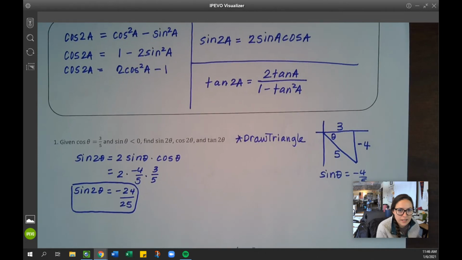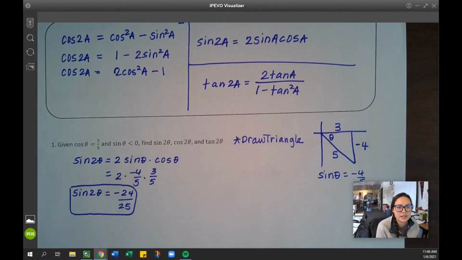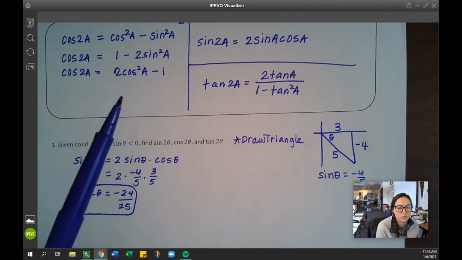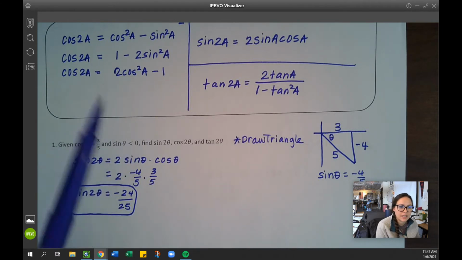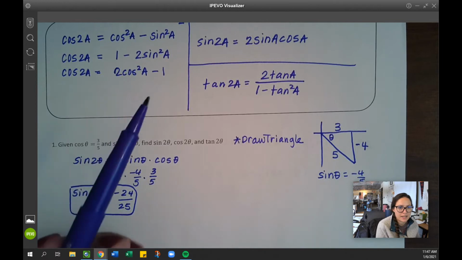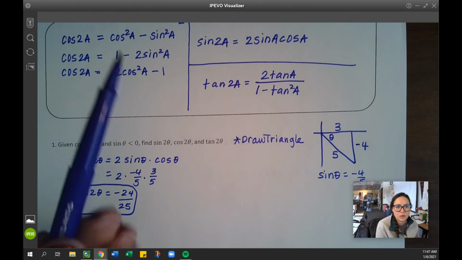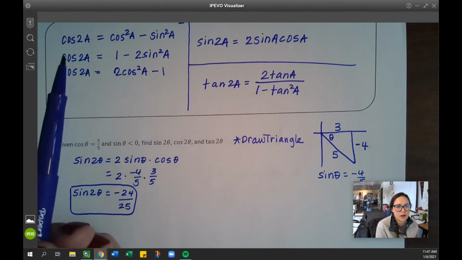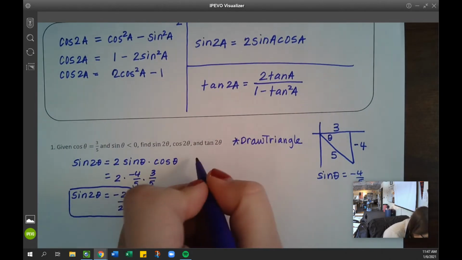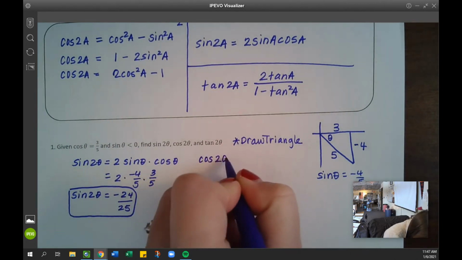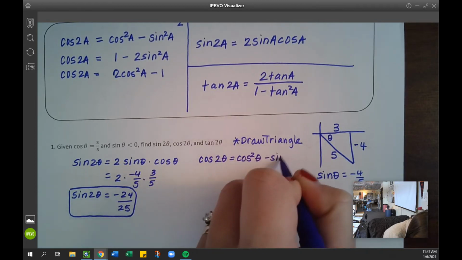All right, let's try cosine 2 theta. We have lots of ways of figuring out what cosine 2 theta is. They will all get you to the same answer. It really doesn't matter. And especially since we already now know both cosine and sine, we can choose whichever one we want. I'll just do the first one just because it's the first one on the list. So cosine 2 theta is going to be cosine squared minus sine squared.